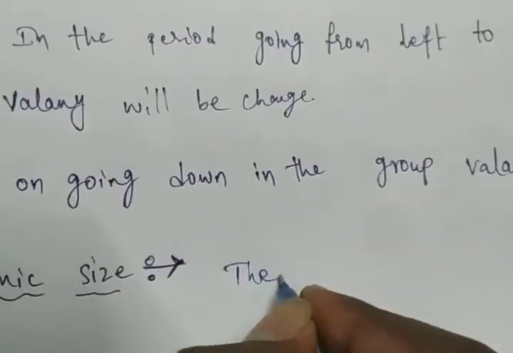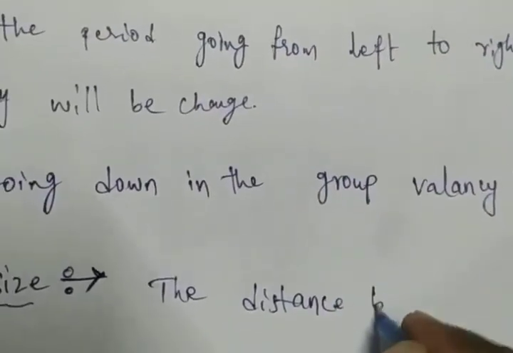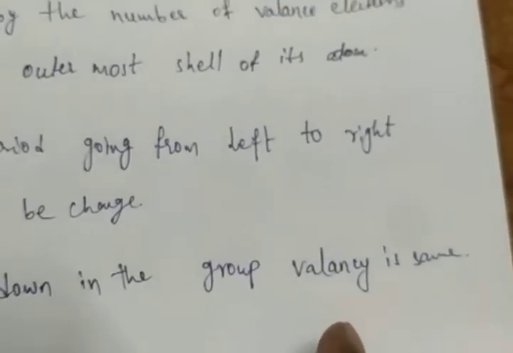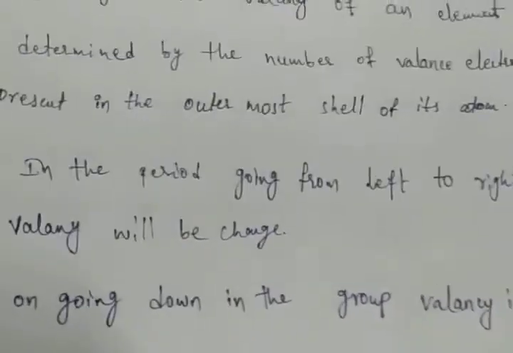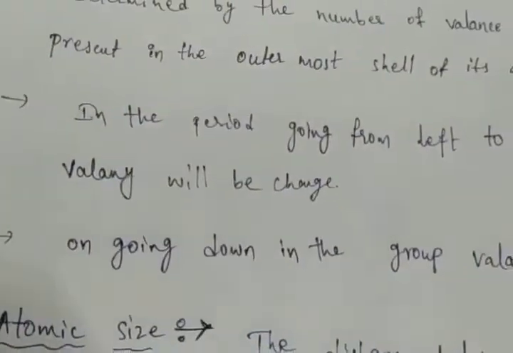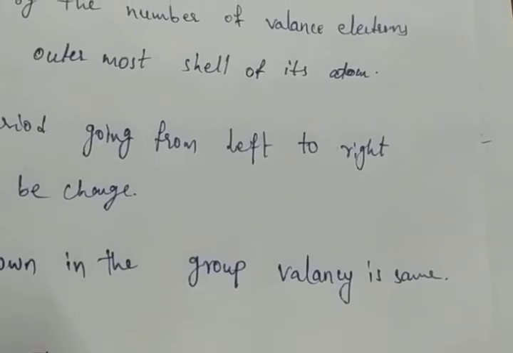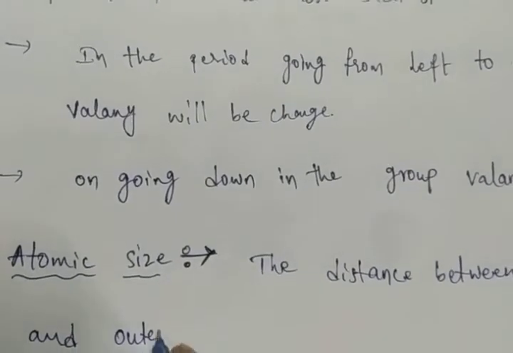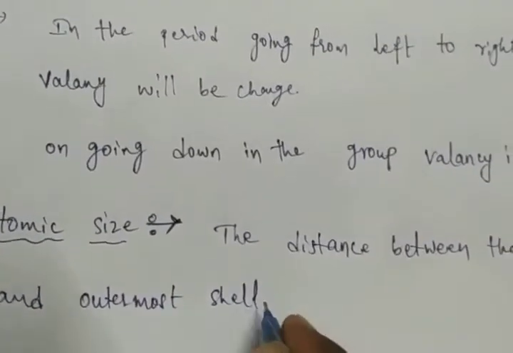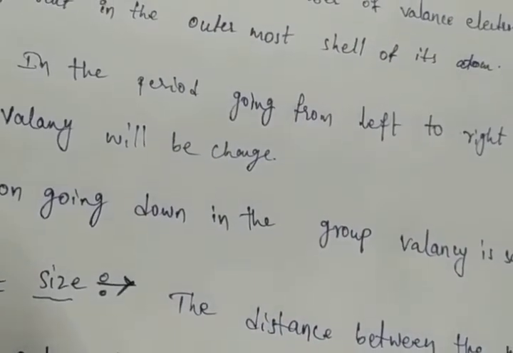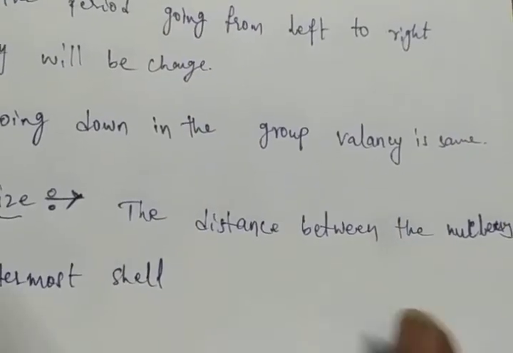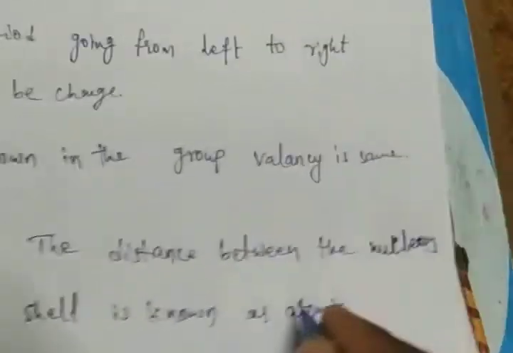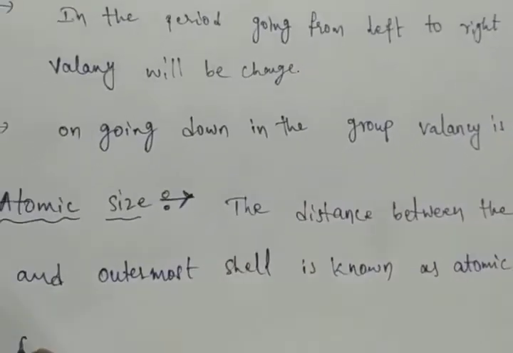The distance between the nucleus and the outermost shell is known as atomic radius or atomic size.